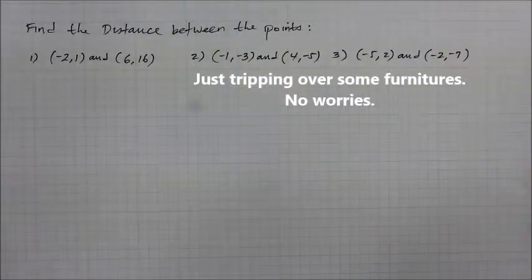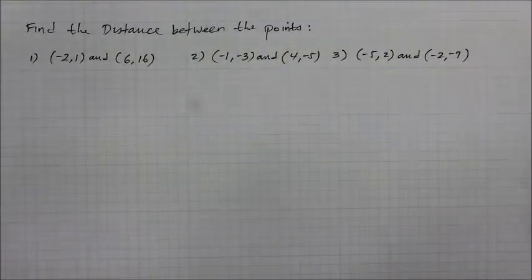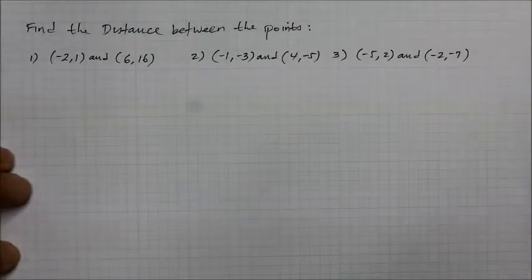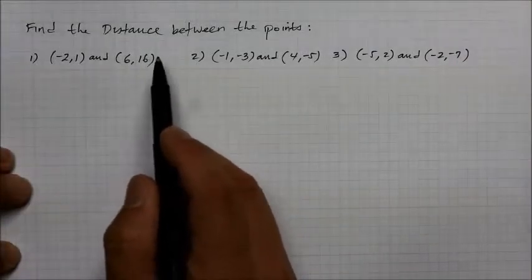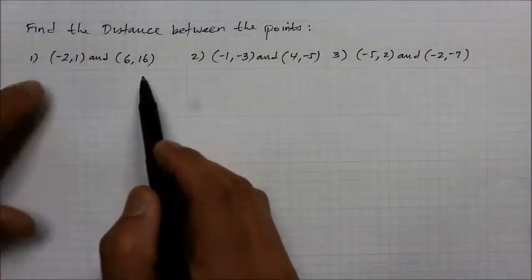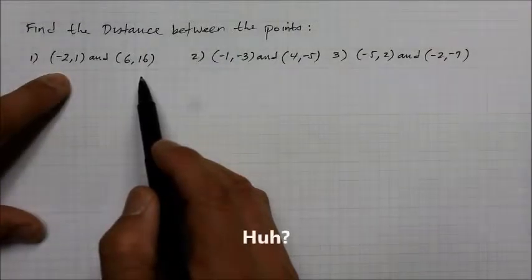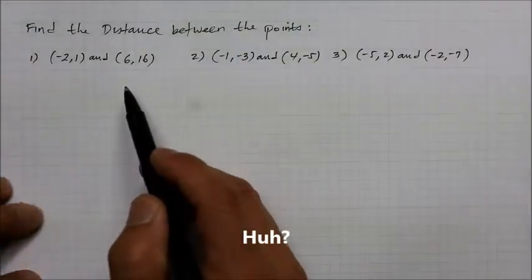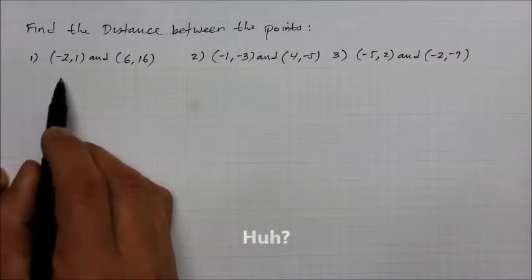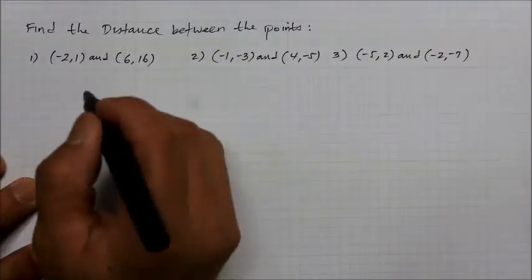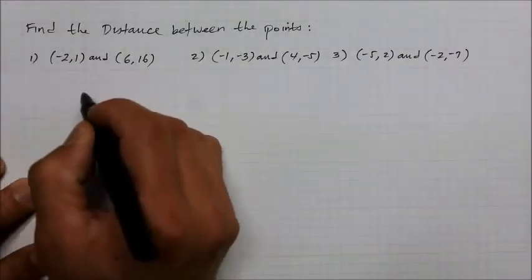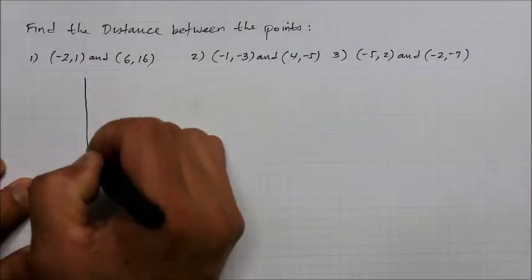Hi! This instructional video is about finding the distance or the length between the two coordinate points given on a coordinate plane. For example, here on number 1, 2 points are given on a coordinate plane.